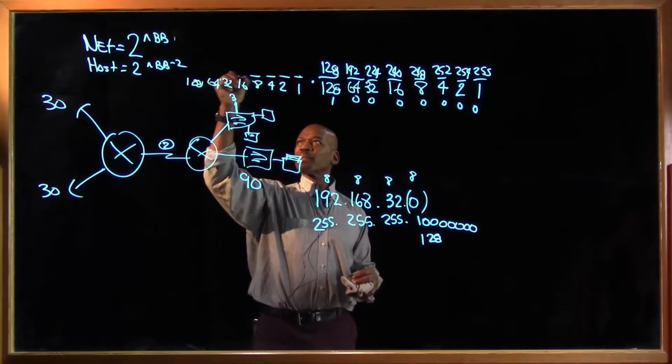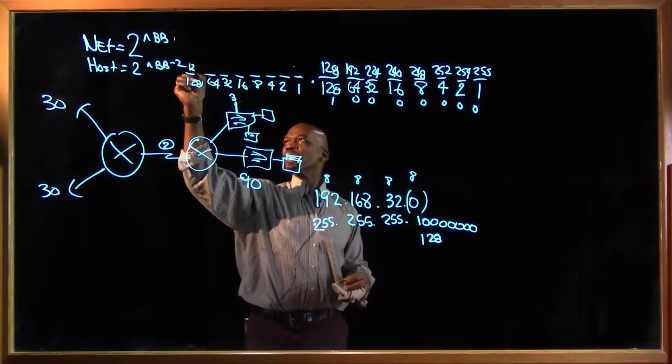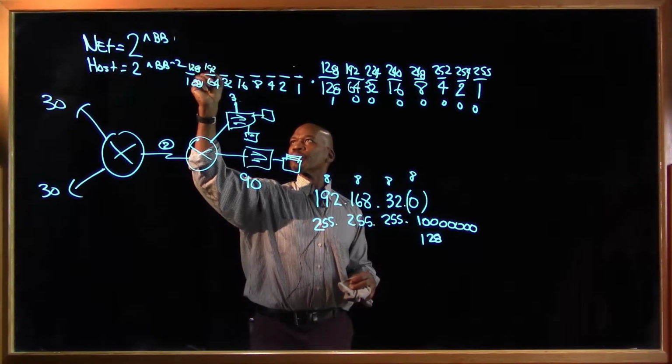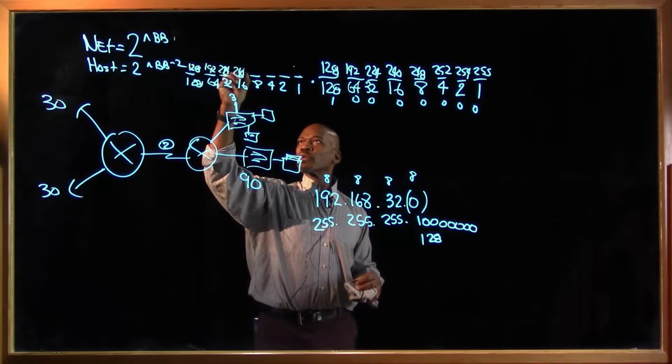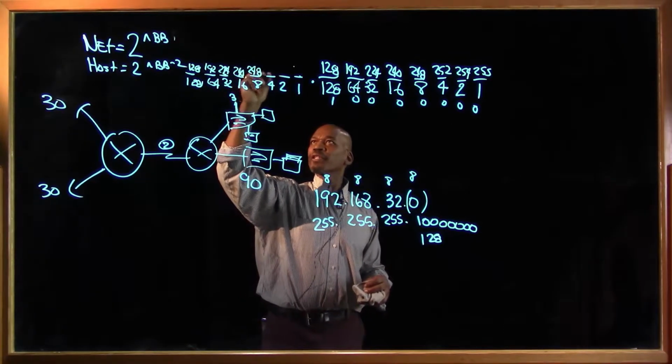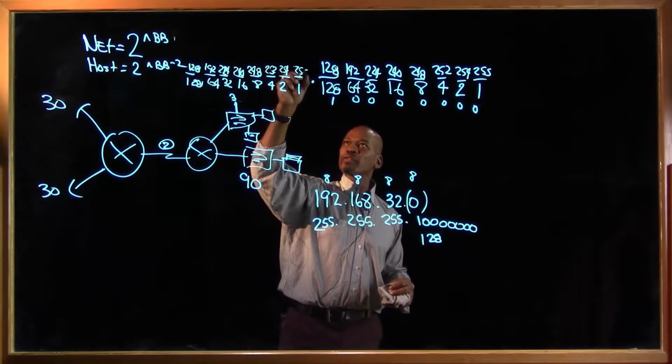I'm going to do the same thing: 128, 192, 224, 240, 248, 252, 254, 255.